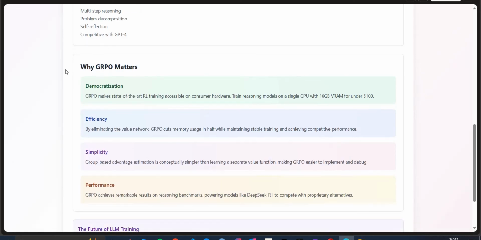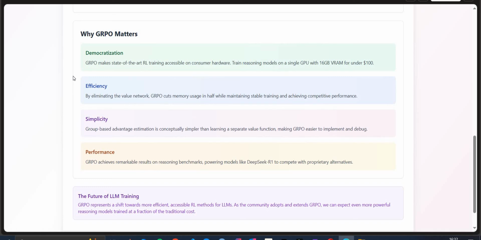And finally, let's talk about why GRPO matters. We can say, first, democratization. GRPO makes reinforcement learning available to people who don't have access to large compute clusters. You can train reasoning models on a single 16 GB GPU for under $100, and that's a huge shift in accessibility for research and development.